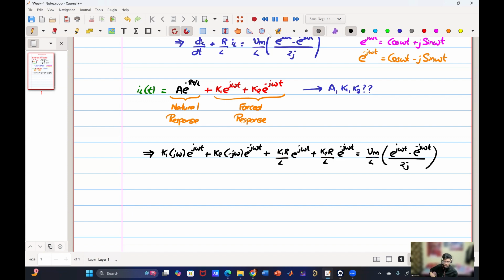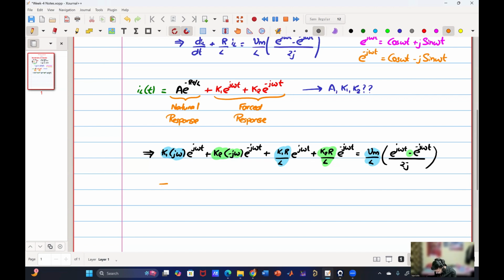So now what you have to do is compare the coefficients of e to the power j omega t, and then the coefficients of e to the power minus j omega t. So now let us write the expression.